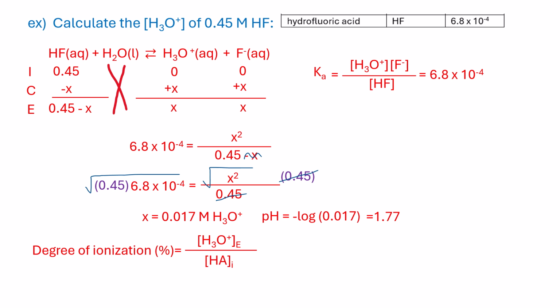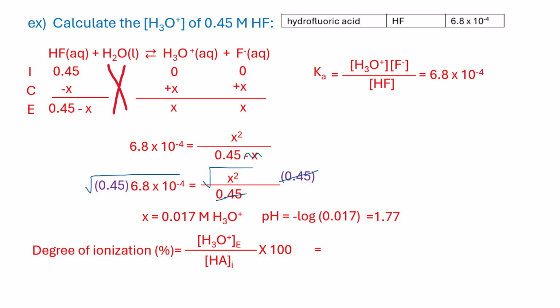That goes on top, compared to what was the initial concentration of the acid before we started. And so HA just means generic acid. In this case, it would be hydrofluoric acid, but we're just going to say HA because this works for any weak acid. And since it's a percentage, we're going to multiply by 100.